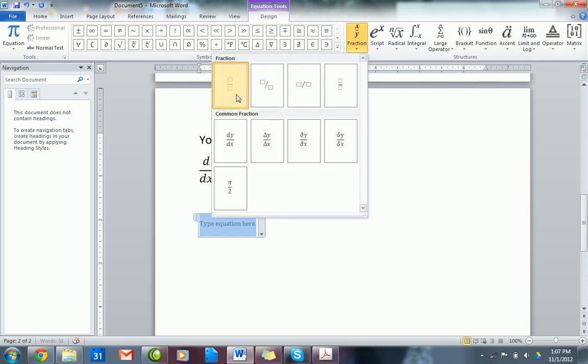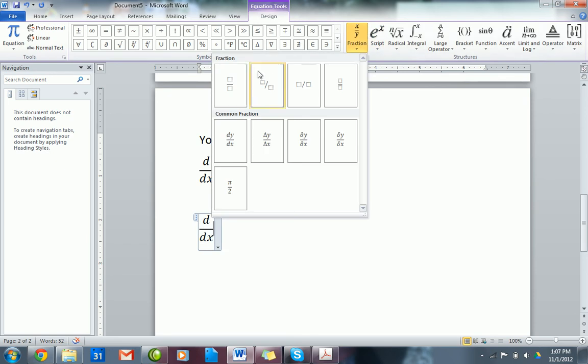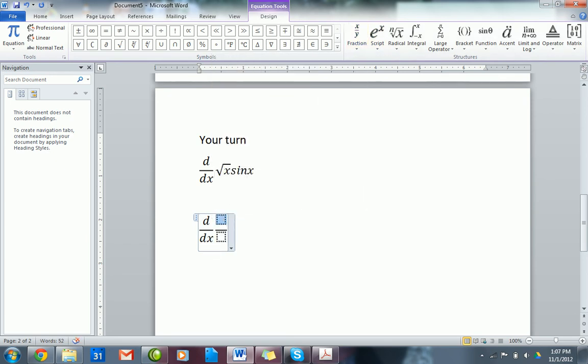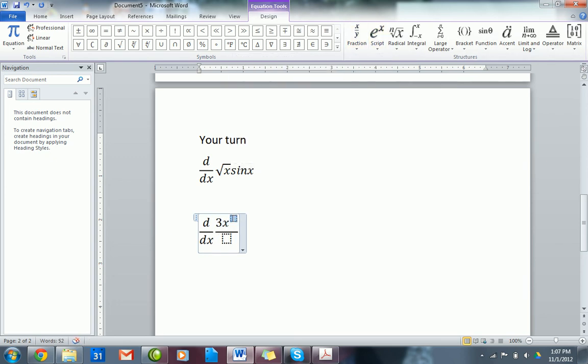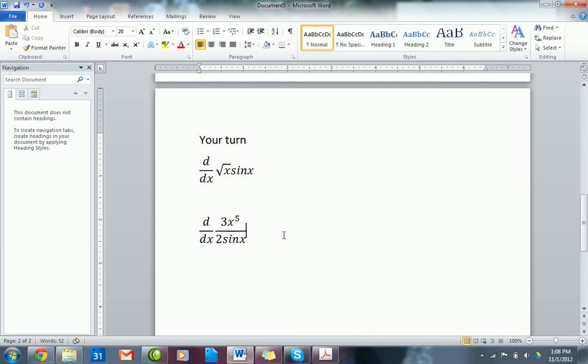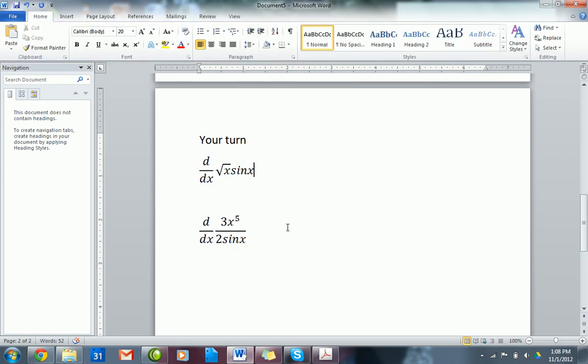You have to use the quotient rule here. Find the derivative of 3x to the fifth over 2 sine of x. All right, two problems to do. Have fun. Product rule the first one, quotient rule the second one.